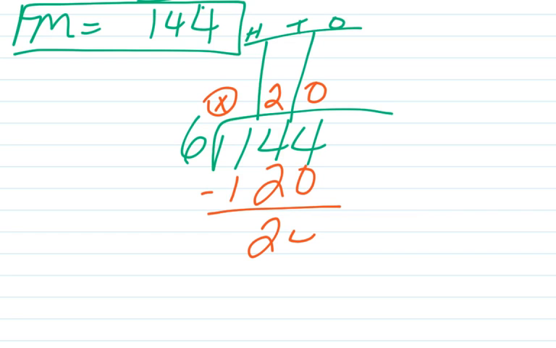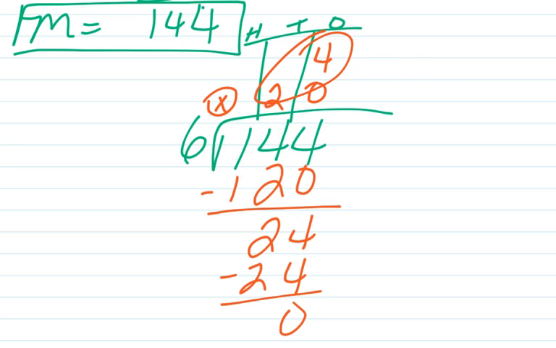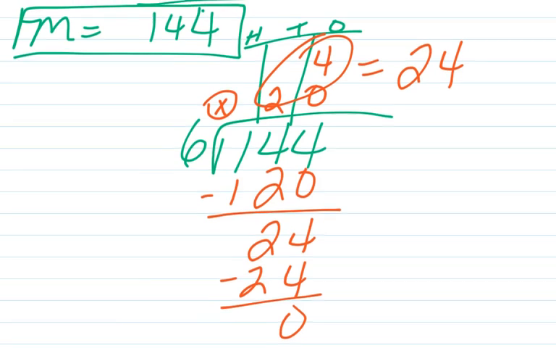We subtract, that gives us 24. And now we can put 4 into each group. We can put 4 ones into those 6 groups, which would be 24. 24 minus 24 is 0. And that does give us 24.